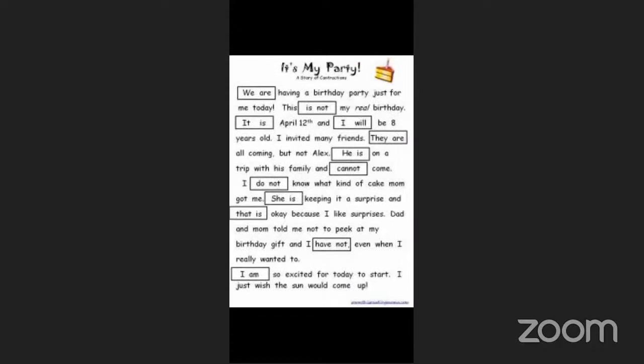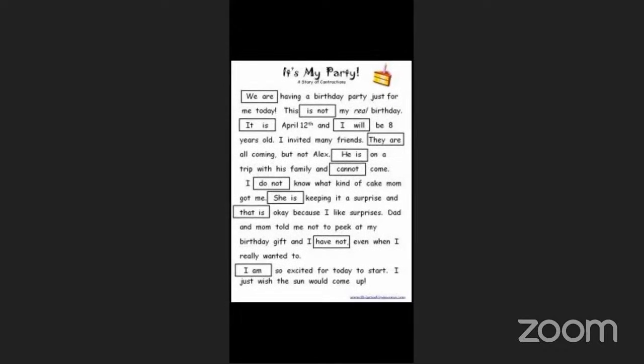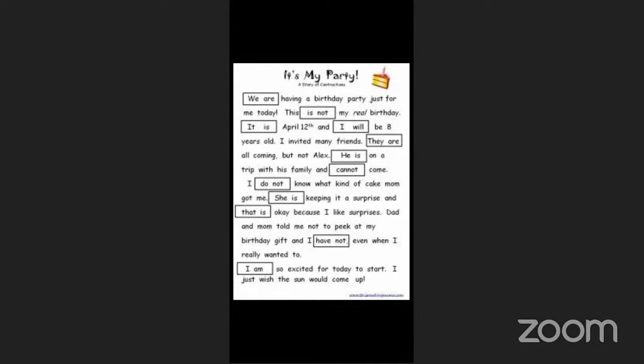Right? That's easy. Right? So that is how you use contractions in writing. How you use contractions in a passage. Okay. Right?